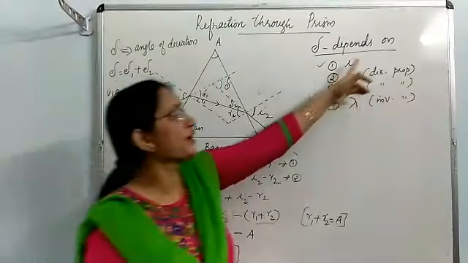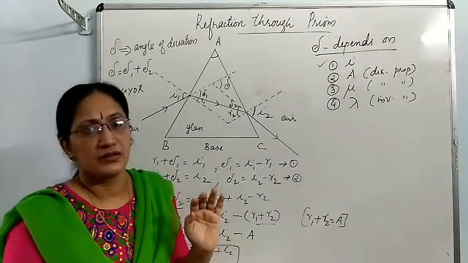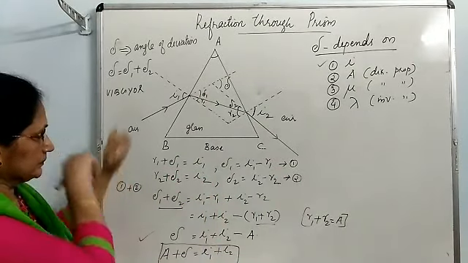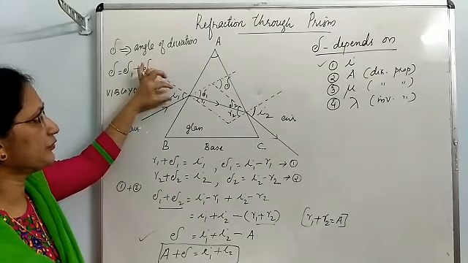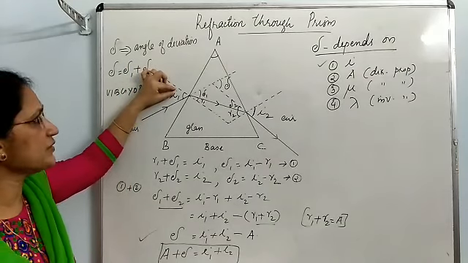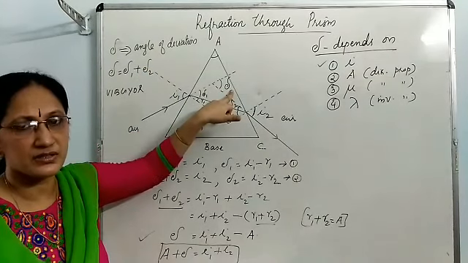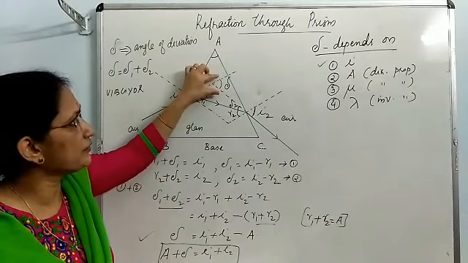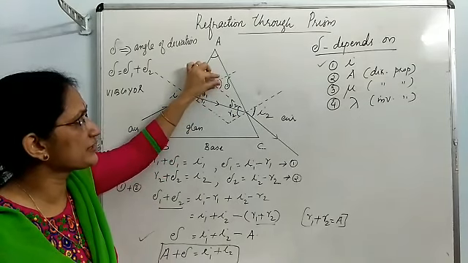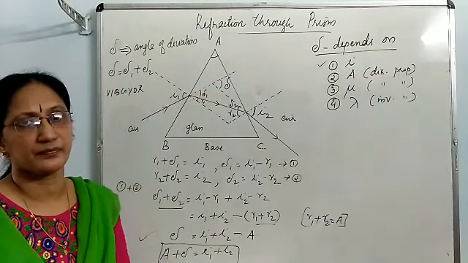That is why I did not write here directly proportional or inversely proportional. Once again, if you are increasing the angle of incidence continuously, what will be the observation with the angle of deviation? First, the angle of deviation will decrease, reach a minimum value, then go on increasing.